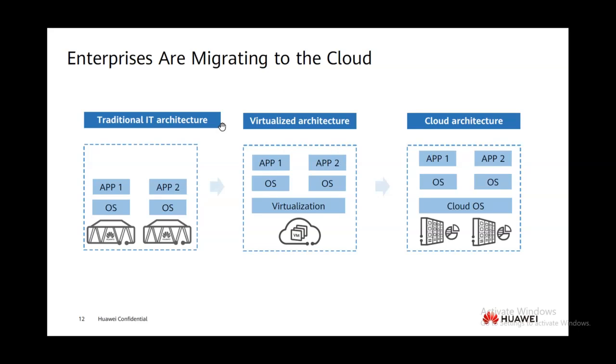IT development trends. In traditional settings, meaning like the present computer that we use, this is how it works. You have a computer, you install your operating system, and then you install your applications on the operating system, right? That's the traditional setting that we have.